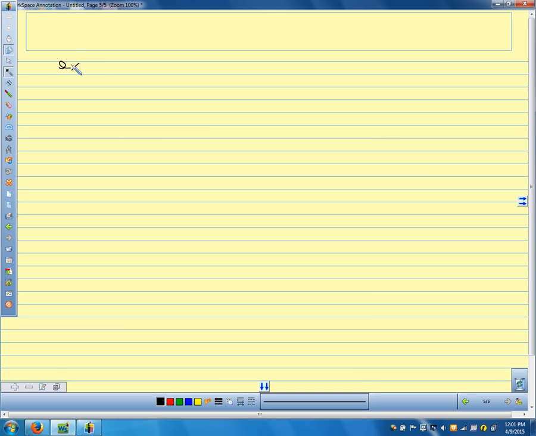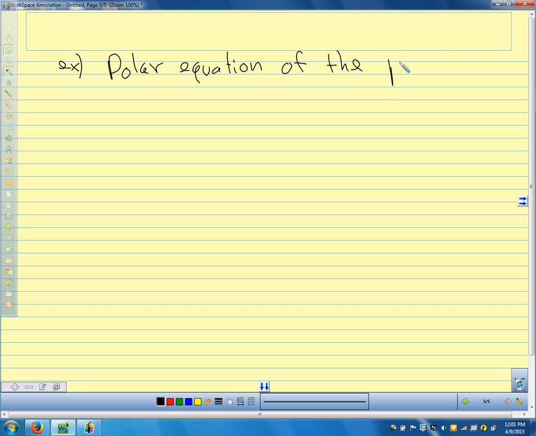So let's say we want to find the polar equation of the parabola. Before we write anything else, what do we know about the polar equation already?